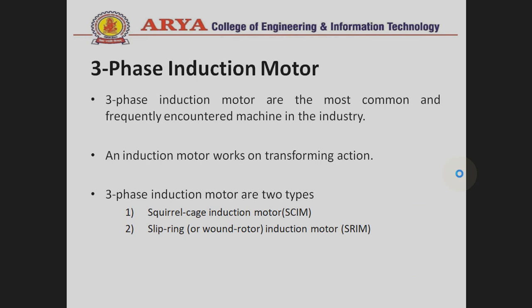Three-phase induction motors are of two types according to rotor winding construction, meaning how the rotor winding is designed. They are divided into two types: squirrel cage and slip ring. Slip ring is also known as wound rotor type.